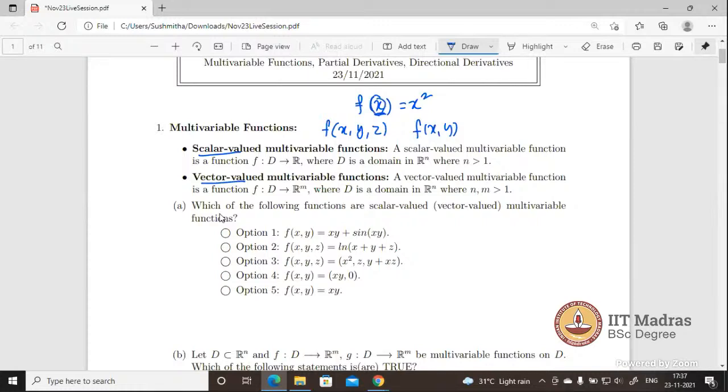The variables on which it depends are about the domain, and the value that it takes is about the codomain, right? So when I have f of x is equal to x squared, f is actually a function from R to R. Agree?